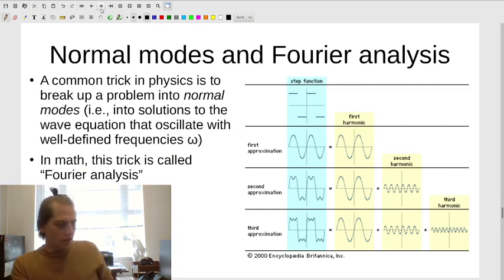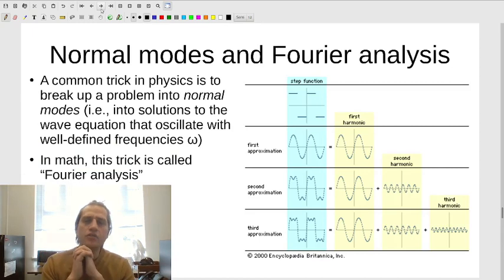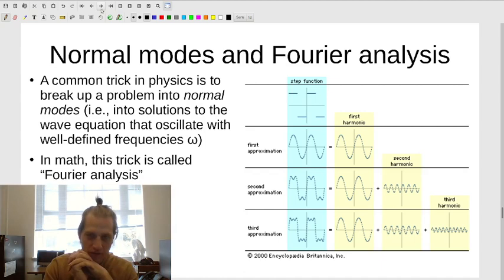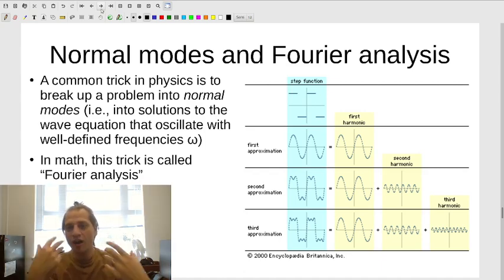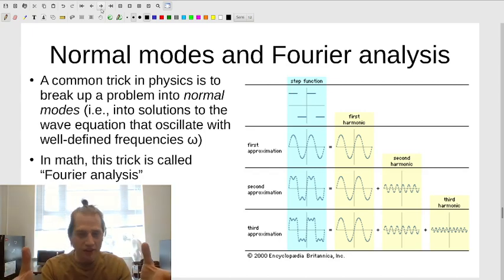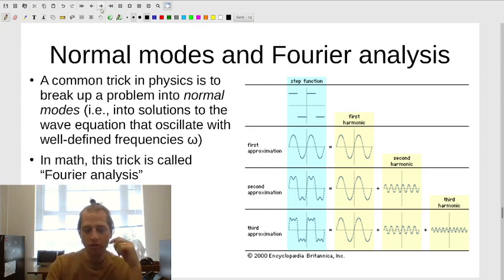All right, now the interesting thing about this is that you can do a lot of physics problems with this type of setup, because even if you don't have a problem that's obviously periodic, you can split it into normal modes and do a trick where, for instance, if you have a step function that looks like positive, negative, you can write that as a sum of a whole bunch of sinusoidal functions.